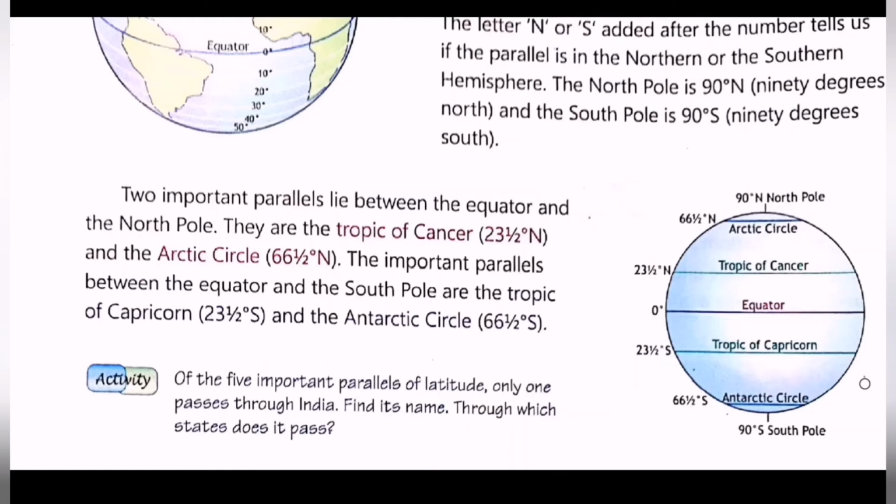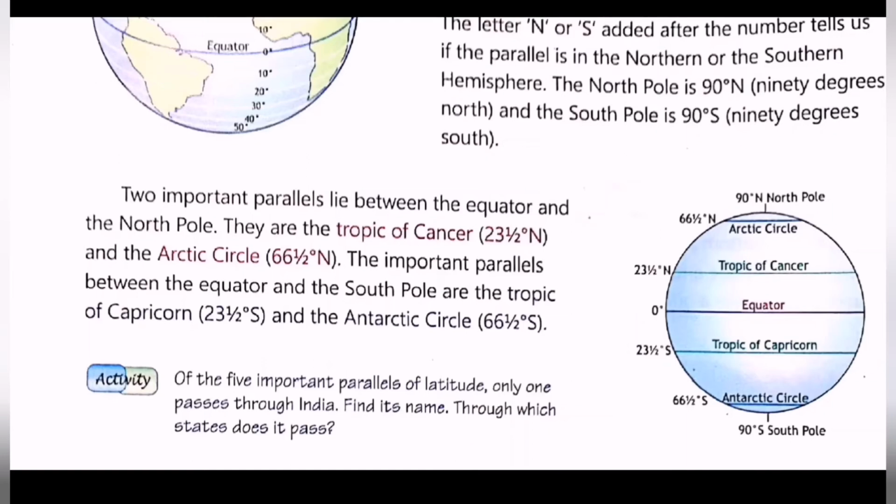On the top of it towards the north pole we have the Tropic of Cancer, which is 23 and a half degree N, and above it we have the Arctic Circle, that is 66 and a half degree N. Similarly, towards the bottom we have 23 and a half degree S, that is the Tropic of Capricorn, and below that we have 66 and a half degree S, that is the Antarctic Circle towards the south pole.